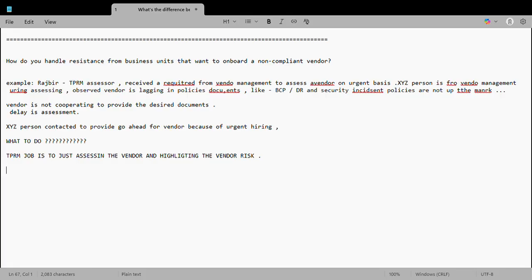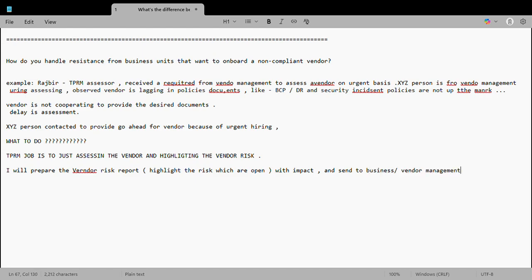So what I need to do here, guys, is prepare the vendor risk report. In the vendor risk report, I will highlight the open risks with impact and send it to the business or vendor management team.